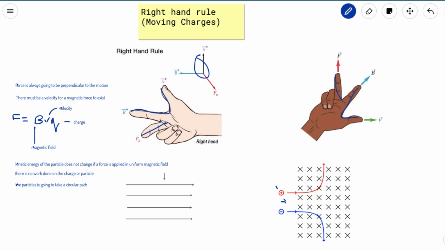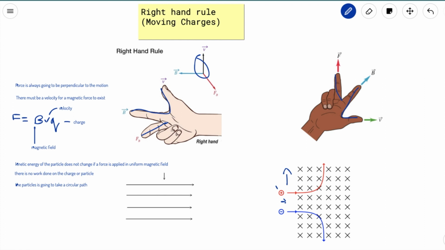Now if you lift your middle finger, always maintain it perpendicular to both your thumb and index finger, as shown on the hands. It's going to point up. That means that the force is going to be up.